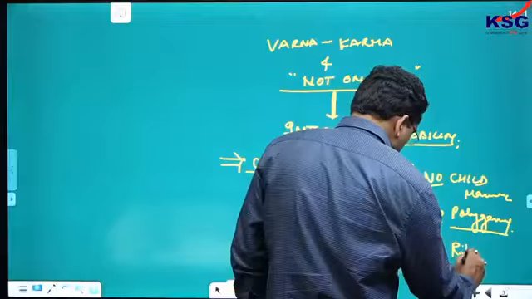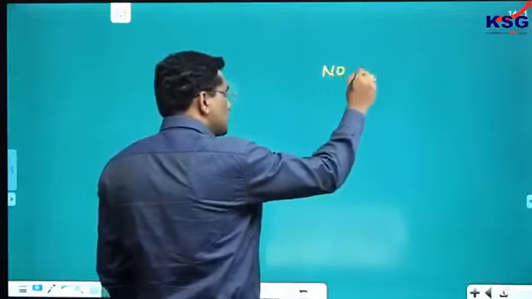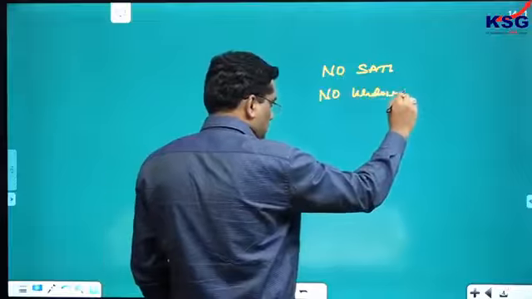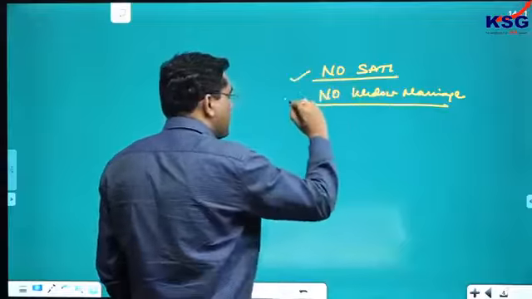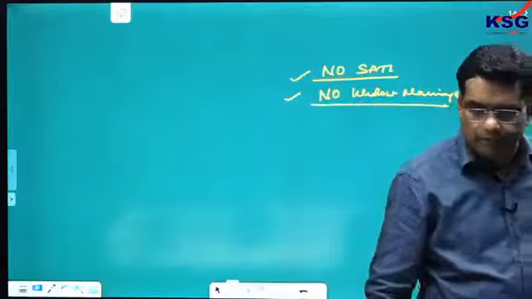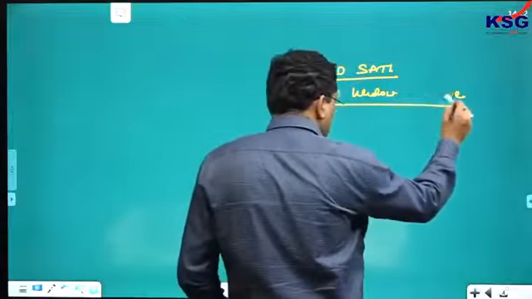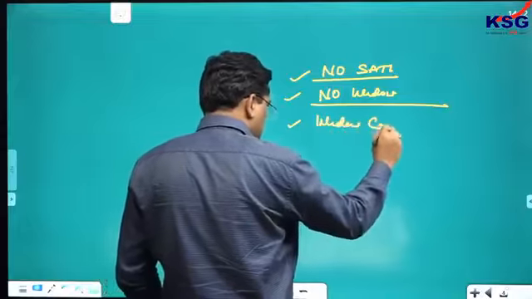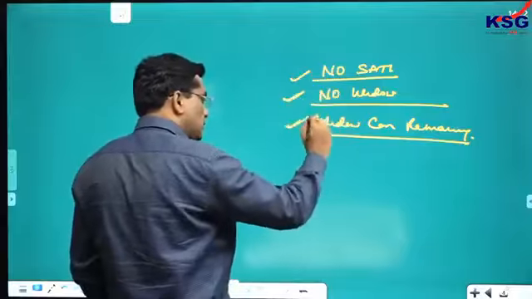No sati, no widowhood. Widows were permitted to marry, a widow can remarry. So no sati, and a widow can remarry.